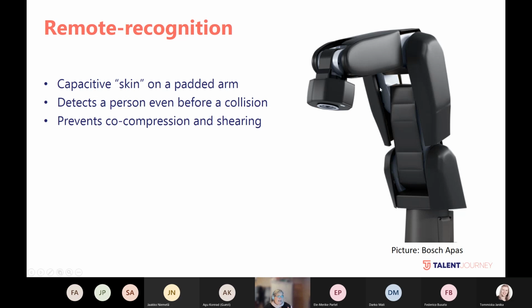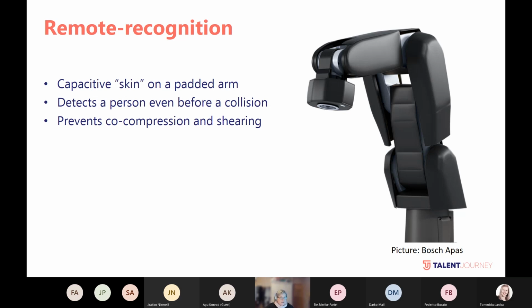So basically any robot, even a traditional industrial robot, can wear such a cushion suit with integrated capacitive sensing that can recognize a human even before it hits a human. From even 20 centimeters before the robot hits a human, it can recognize a human.